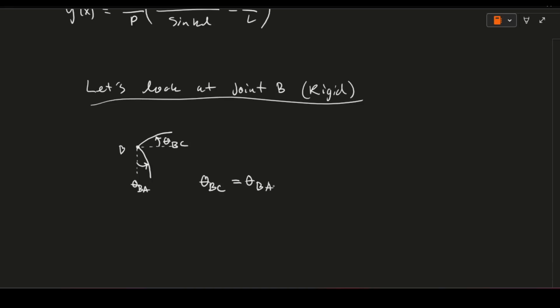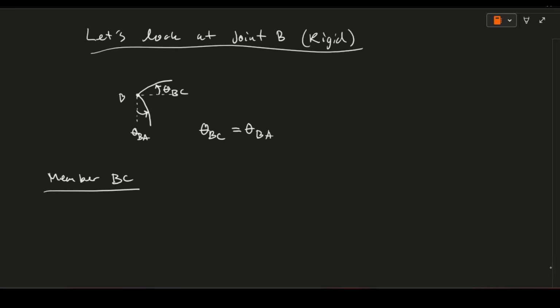Okay. And how do we find those angles? Well, we can start by looking at the member BC. It doesn't matter which member you look at first.